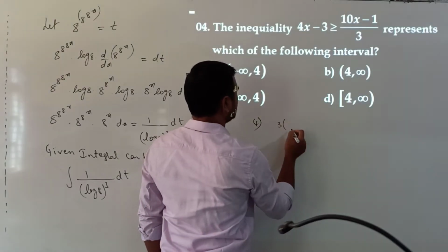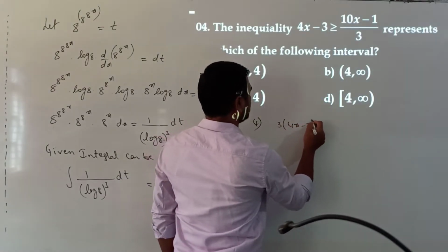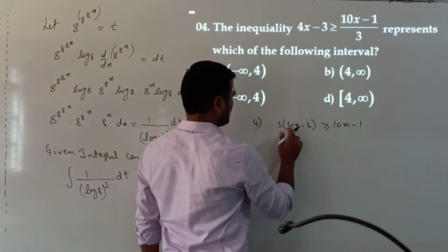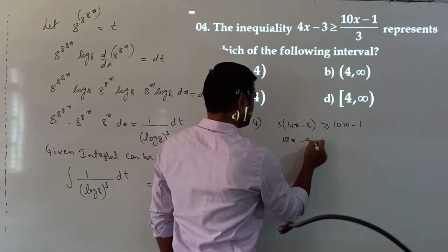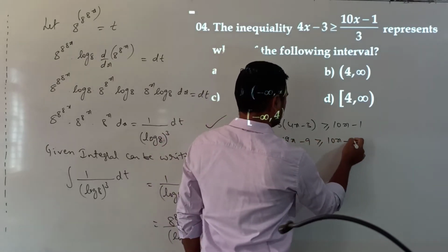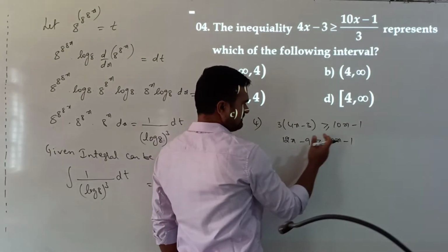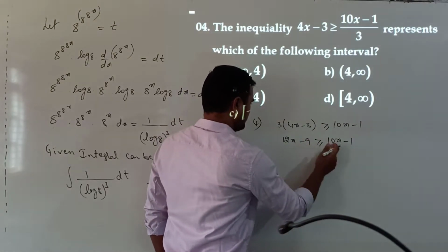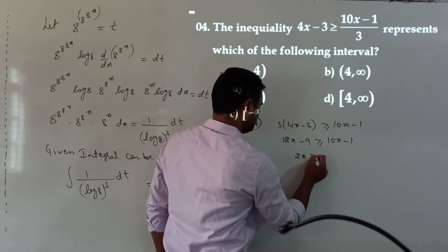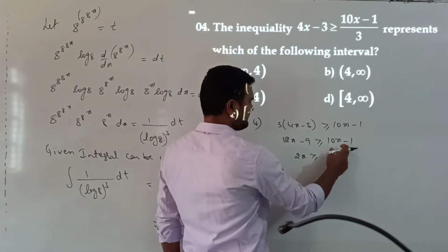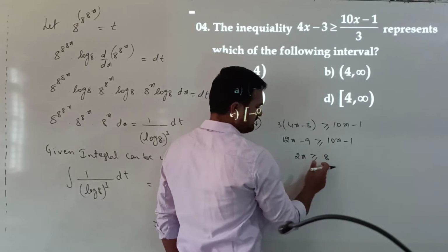So 3 into (4x minus 3) greater than or equal to 10x minus 1, we get 12x minus 9 greater than or equal to 10x minus 1. So rearrange, bring 10x to this side, 9 to this side. 12x minus 10x, 2x greater than or equal to minus 1 plus 9. 9 minus 1 is 8. Divide by 2.